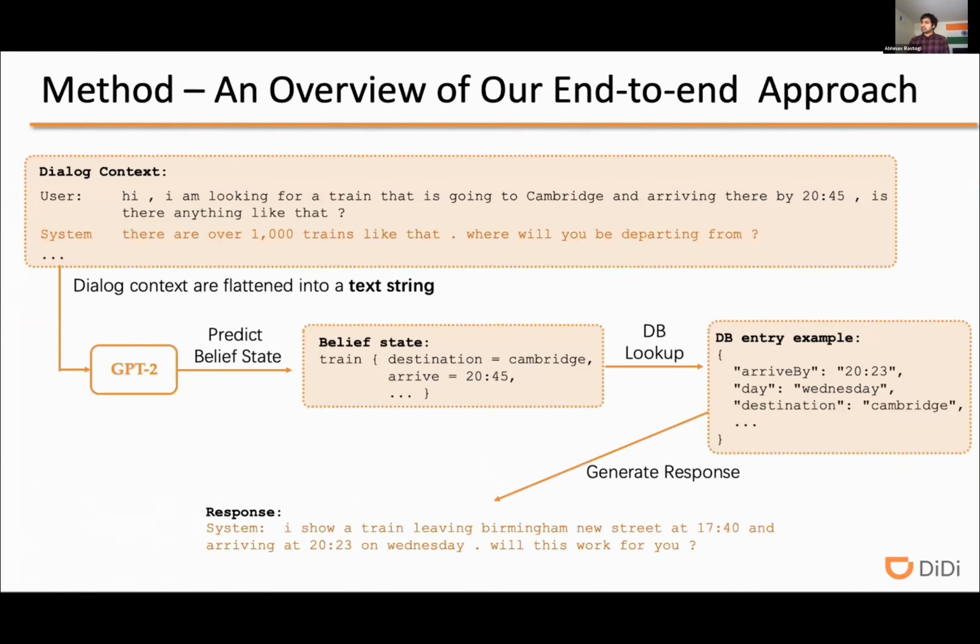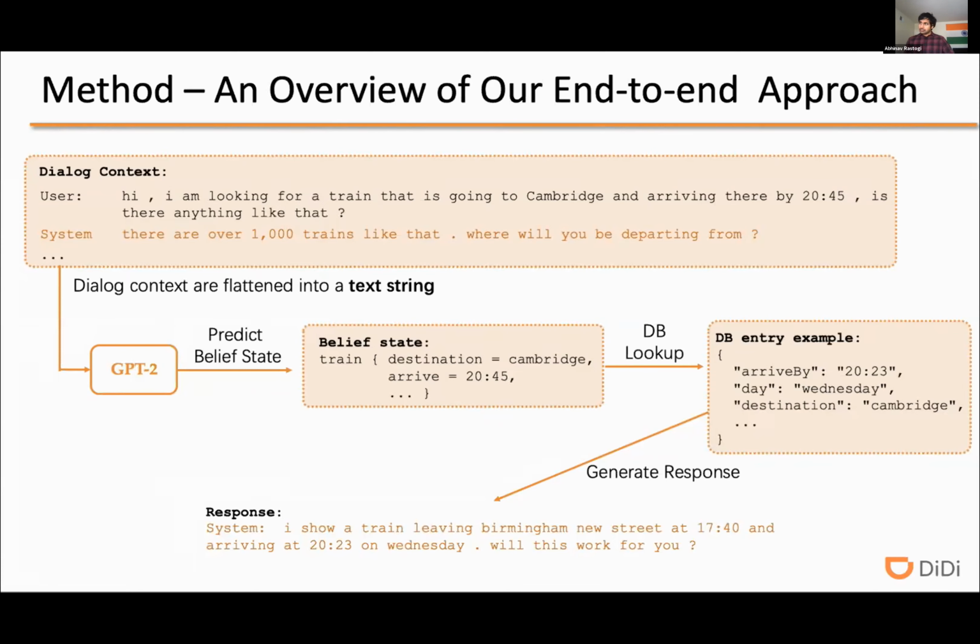Here is an overview of our end-to-end approach. We want to leverage a pre-trained GPT-2 model and fine-tune it on the MultiWOZ dataset to make it able to do end-to-end prediction. First, we flatten the dialogue context into a text string and then feed the string to the GPT model. We fine-tune GPT-2 to predict the belief state and then let the system look for the corresponding entries in the database based on the belief state.